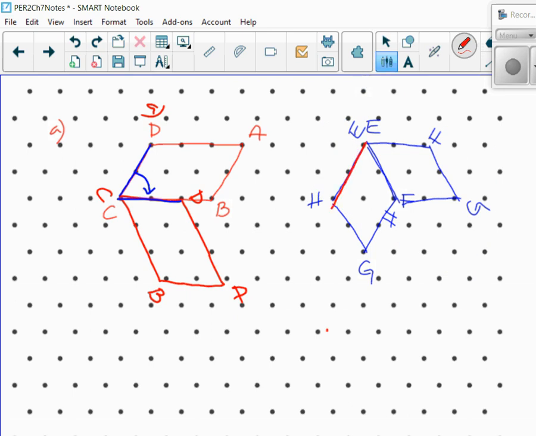Now this is this side right there. That was clockwise, wasn't it? Going that way.